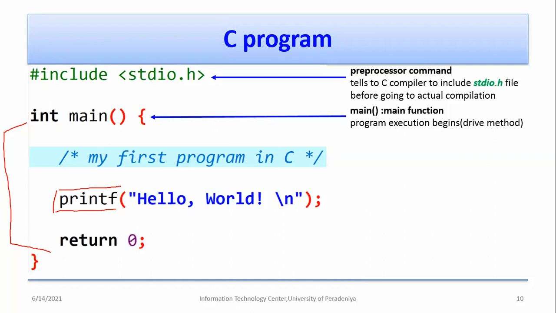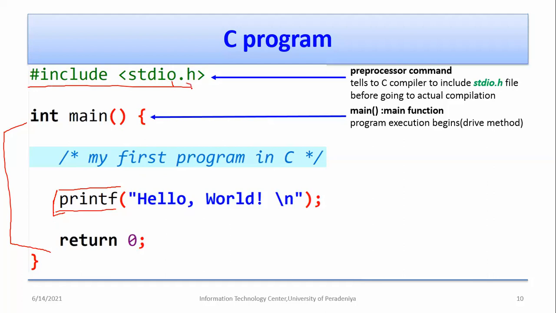This function is available inside this header file, right? So this is the standard output function. This function is available in this standard input output header file. So that's why in here I use this printf function within my program. Therefore I have to include this header file.